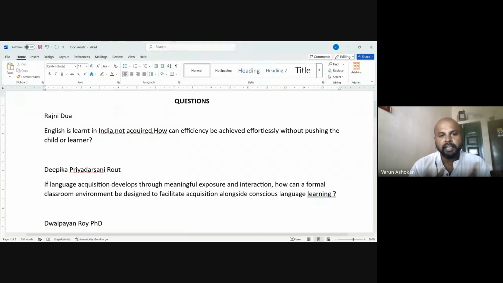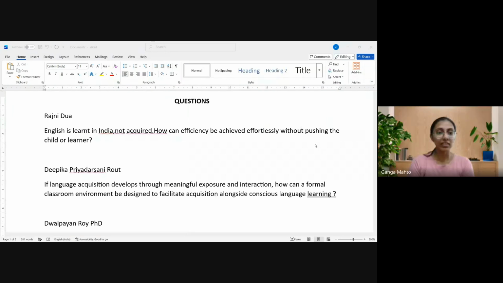In that we have a direct method, a bilingual method, a grammar translation method. For example, the direct method is used in the classroom in a simple language, where you speak to the child and ask the child to speak in simple language in the classroom itself. So this is what we have to teach in the classroom.